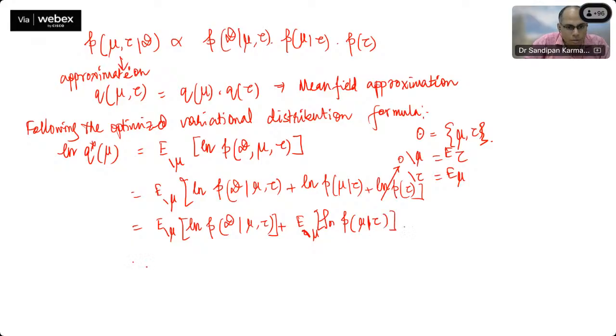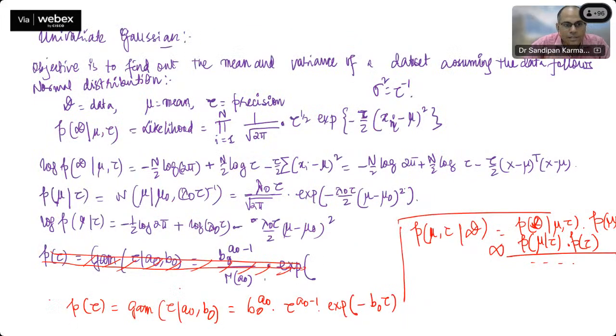On what variable will this expectation be calculated? With respect to tau, so E of tau. What is this ln p of D given mu comma tau? That is coming from this slide, so we can write it in this way.